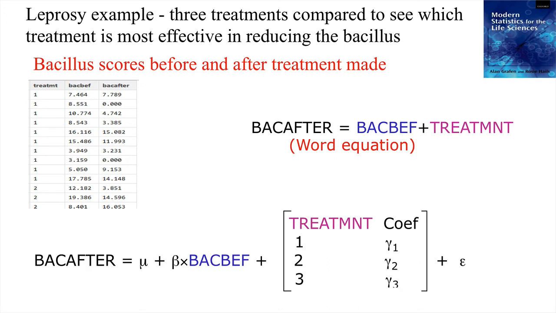That's the word equation, and here's the type of model that we would be fitting. This is the bacillus after, this is the bacillus before, and it's a continuous predictor, i.e. a covariate, and we might be estimating a gradient here, and here are the adjustments according to the different levels, different types of that drug treatment.